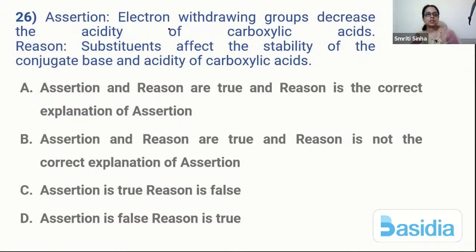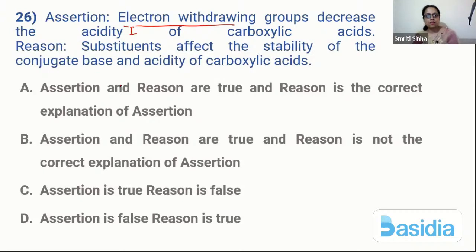Next, assertion: electron withdrawing groups decrease the acidity of carboxylic acid. So if an electron withdrawing group is present, the acidity of carboxylic acid will decrease. Reason: substituents affect the stability of conjugate base and acidity of carboxylic acid. So you know that as an electron withdrawing group is attached, the acidity will increase, not decrease, because electron withdrawing groups show minus I effect.